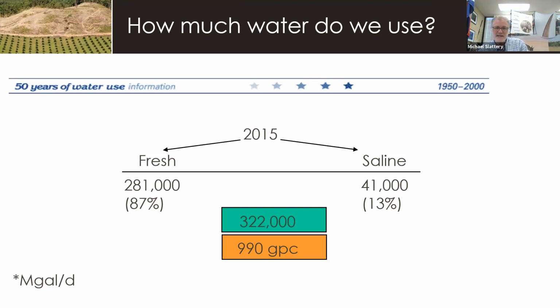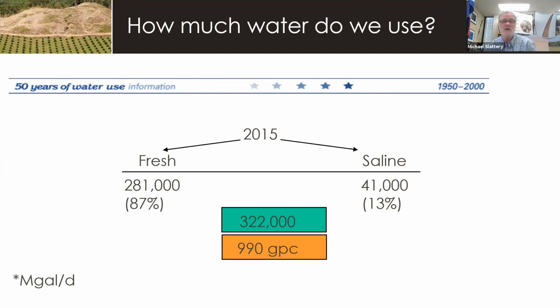If we divide that by the population in 2015, we get how many gallons per capita. So that's the orange box. We are withdrawing 990 gallons of water per capita in the US, per person. Now, there's a caveat here, everybody, and that is not how much water you are individually using. You would be in a gigantic swimming pool.